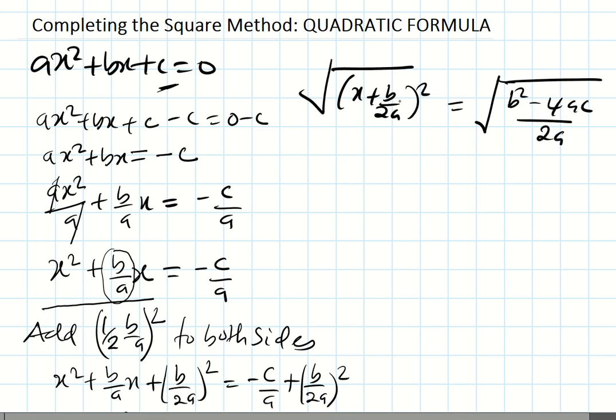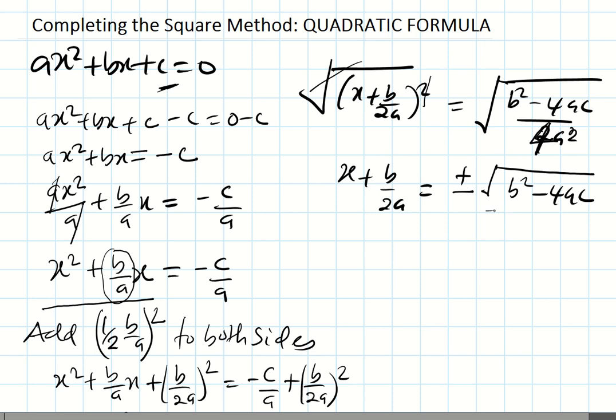And this gives us, so the square root cancels the square, so we have x plus b over 2a is equal to plus or minus, so that is what we're evaluating now. Sorry, here is 4a square. Sorry, so we have b square minus 4ac over 2a. The square root of 4 is 2, and the square root of a square is a.